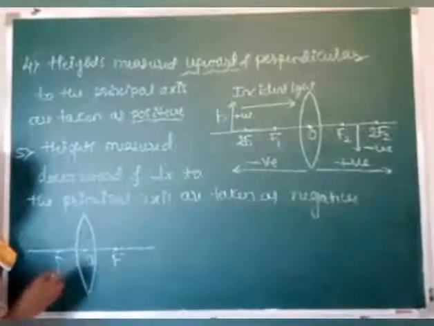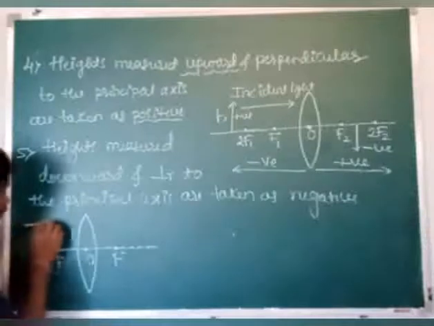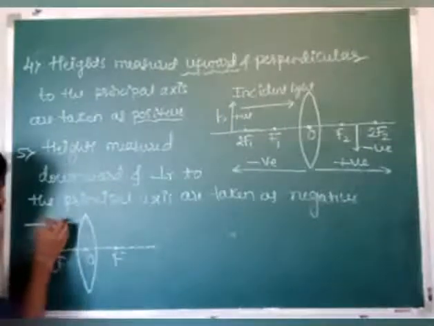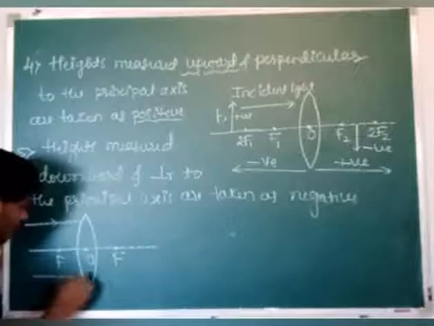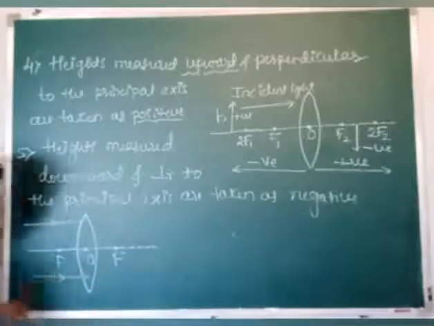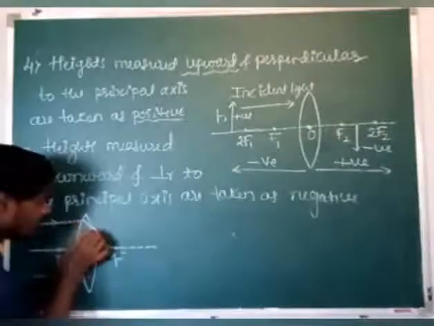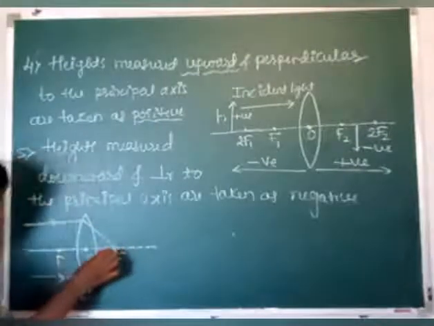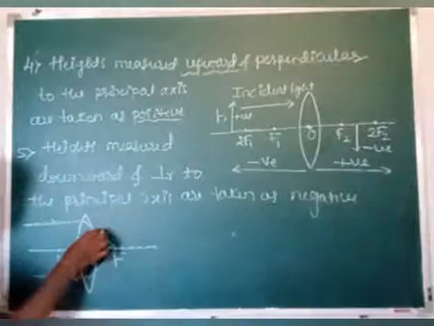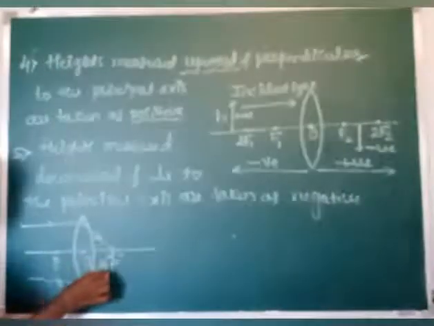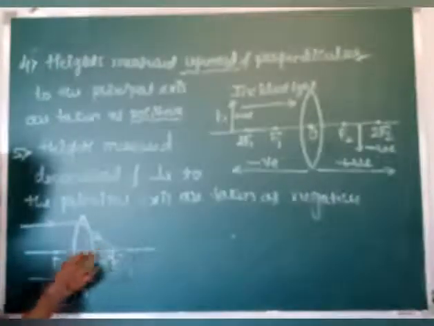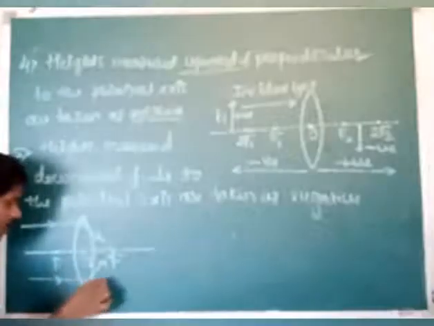Now if we incident light rays on the lens parallel to the principal axis, after refraction all the refracted rays meet, or converge, at a point. That point is called the focus. Then the distance of the focus from the optical center is called the focal length.